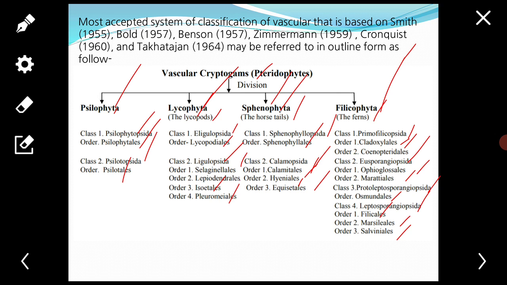Stem in most of the forms is long, jointed or articulated and is ribbed. Ribbed means having ridges and grooves. Stem is divided into nodes and internodes and is developed as upright aerial branches from the underground creeping rhizome.